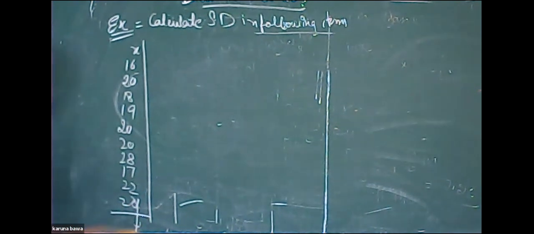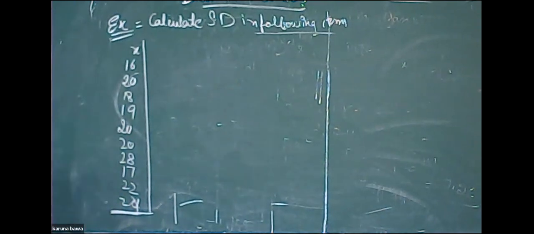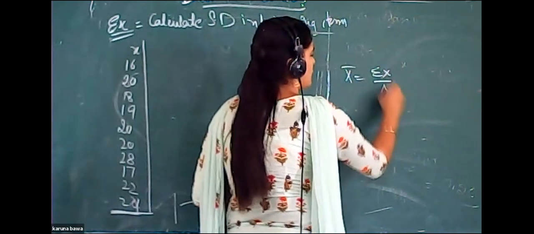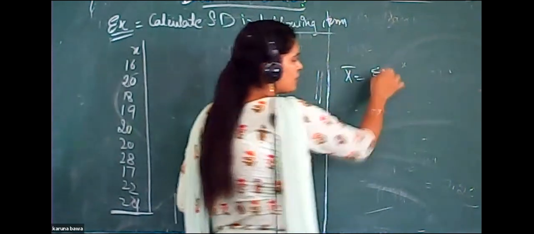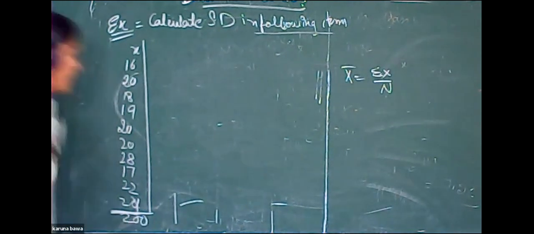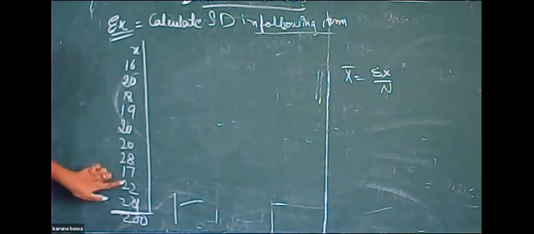And find out first of all the mean value. As we know, the formula of the mean is summation x over n. N is the number of observations and summation x is the total of the numbers in the series. The total of the series is 200, and the number of observations is 1, 2, 3, 4, 5, 6, 7, 8, 9 and 10.